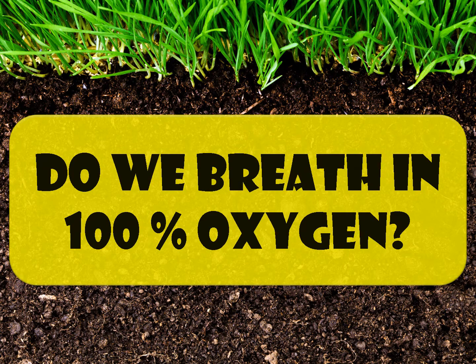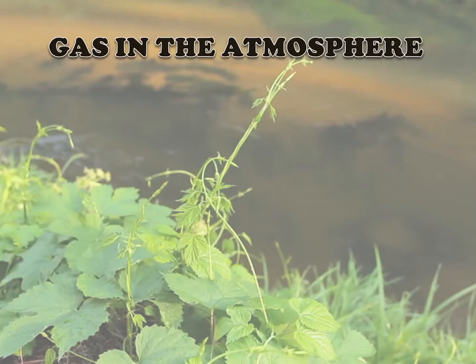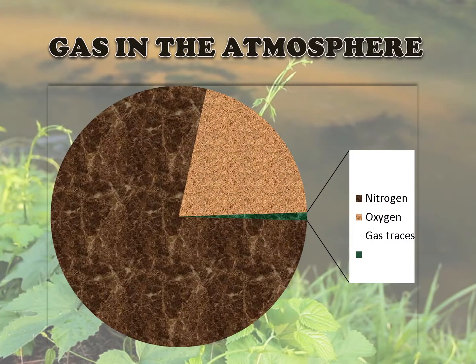Now, here's another question. Do we breathe in 100% oxygen? So remember that the atmosphere is a wide area. 78% of the atmosphere is allotted to nitrogen. So the nitrogen is used by plants. Actually, nitrogen is an essential compound of chlorophyll, which plants use together with water, carbon dioxide, and sunlight to create starch or sugar.